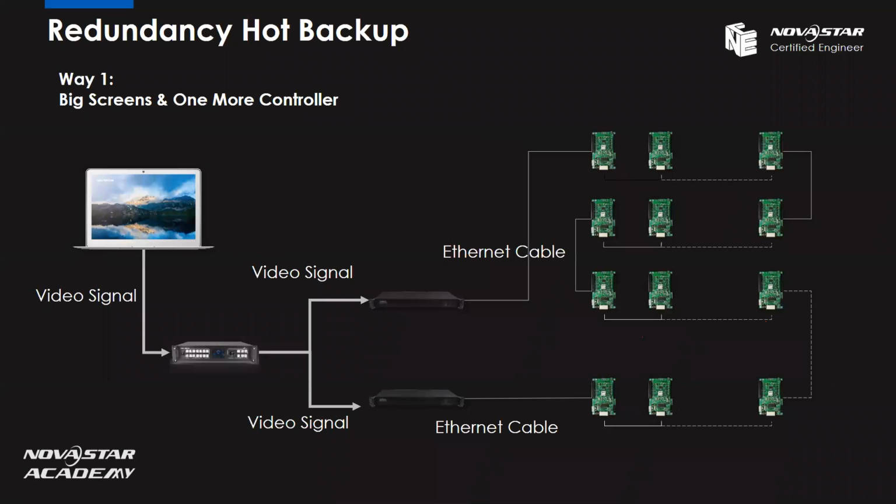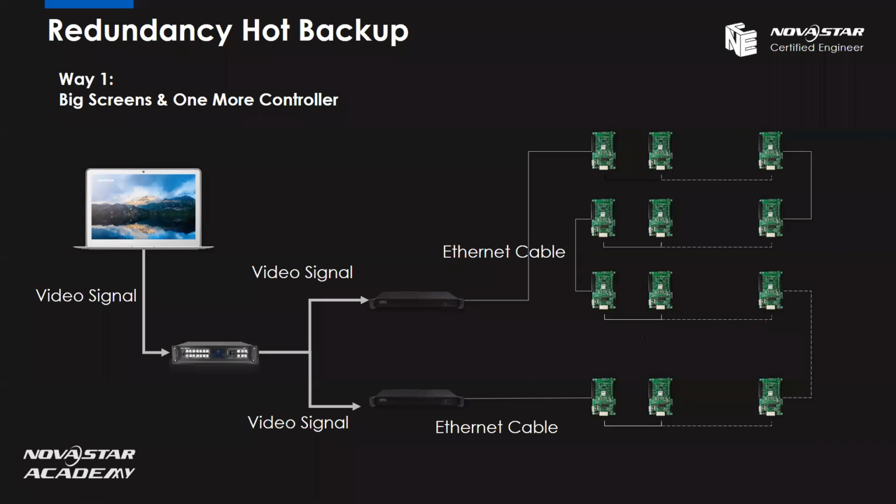So this is a chart for a very big screen. It's like a Full HD screen. So in this figure, we can see we have a video signal coming from a MacBook, and it goes through a video processor right here, and the video processor splits this video signal into 2 sending cards. And the sending card module right here is MCTRL 600.